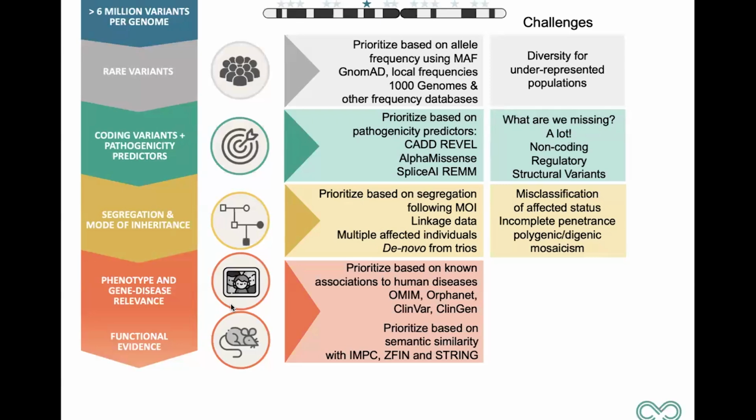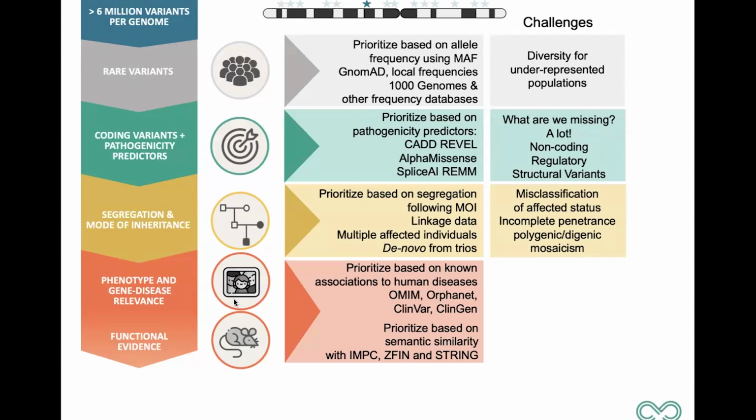This includes using resources such as human disease databases, such as OMIM, Orphanet, ClinVar, or ClinGen, as well as functional evidence from model organism databases such as the MGI, zebrafish models, or protein-protein interaction networks from STRING.